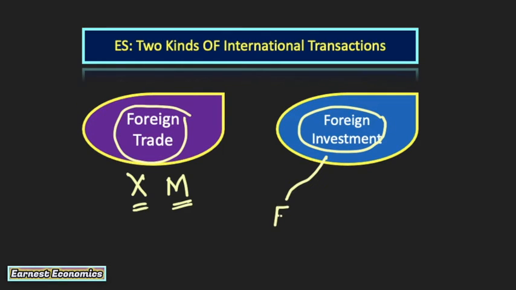One we call foreign direct investment, where a firm or individual opens an office and manages the business himself. So he's an owner, and he also manages the firm that he is operating in some other country. So this is foreign direct investment.